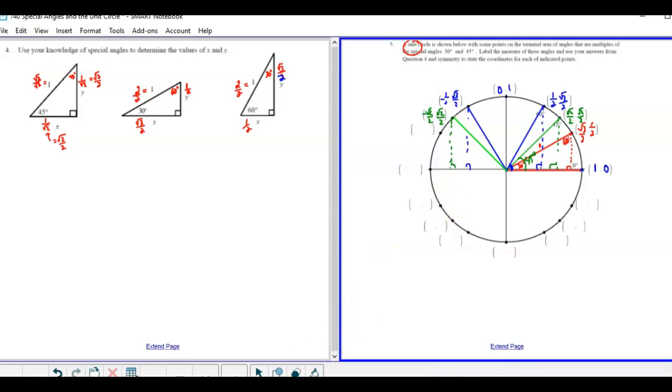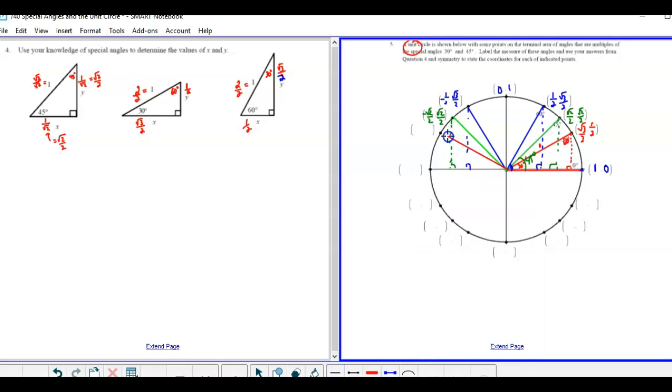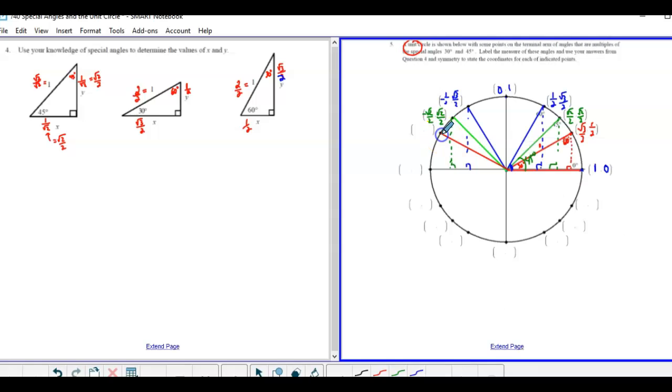And then the last one, the red one. So from here to here is the same except reflected. So we draw a triangle down here. That distance is the same as that, except in the negative direction.